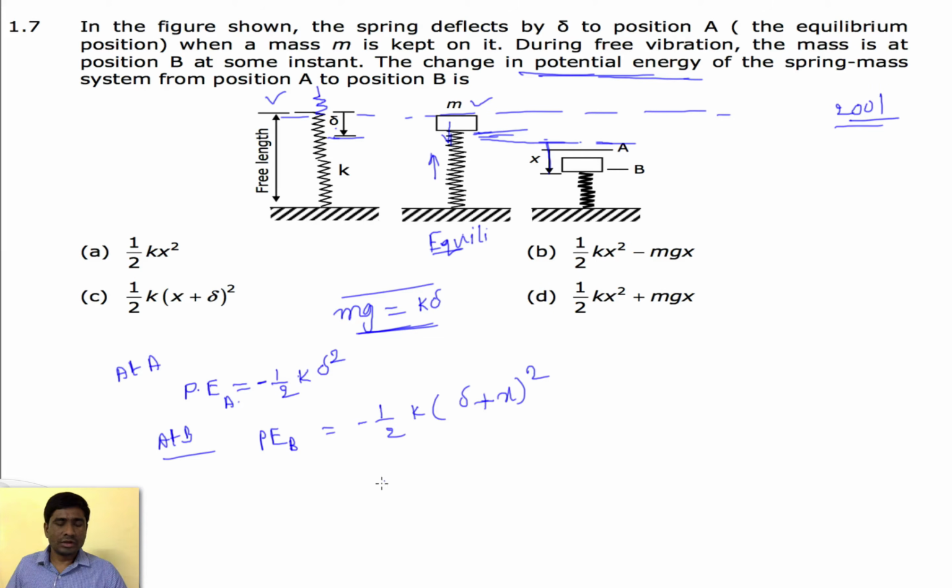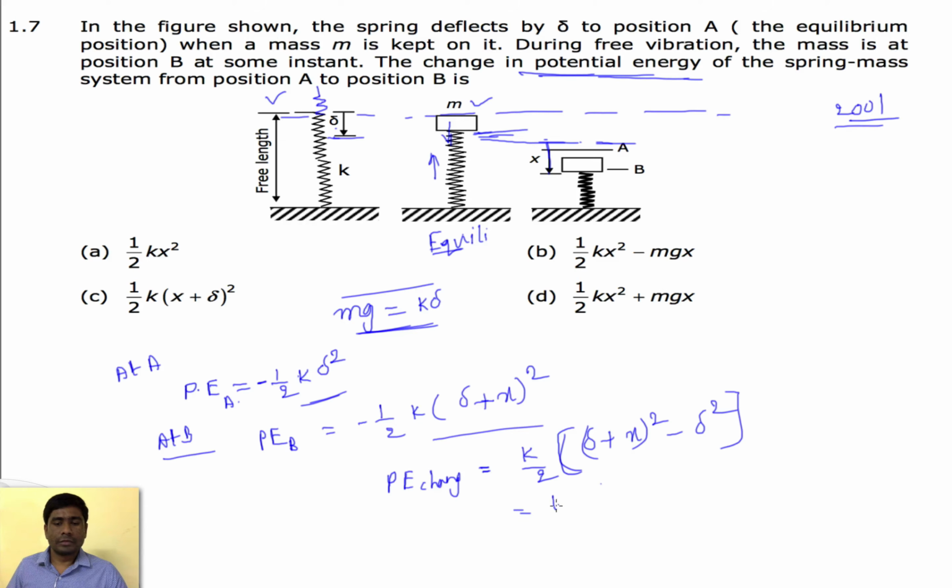The change in the potential energy, PE change, equals, from these two, this is a bigger one, so I will take half k as common, so k by 2 into delta plus x whole square minus delta square.